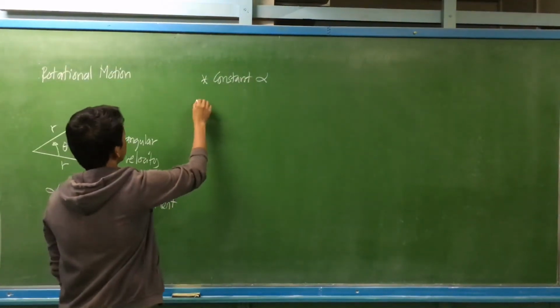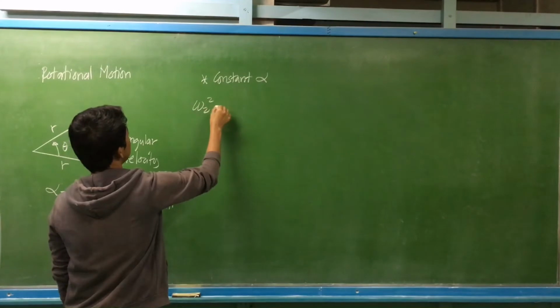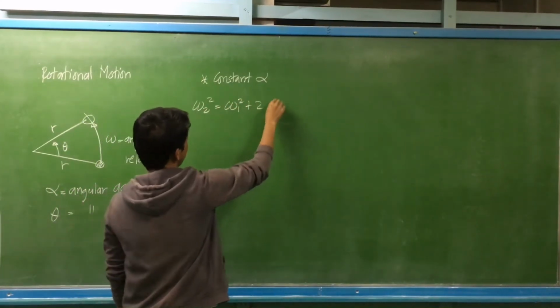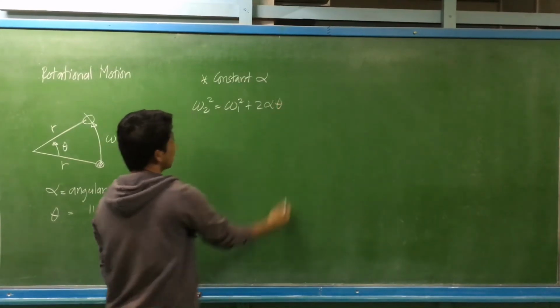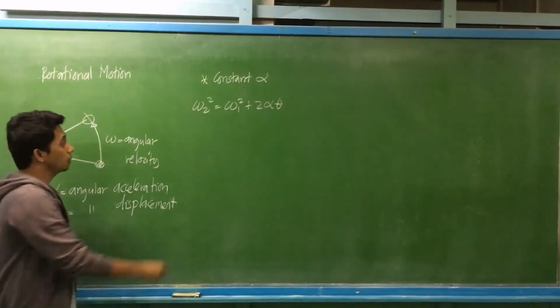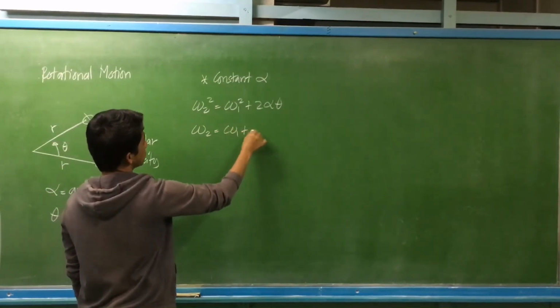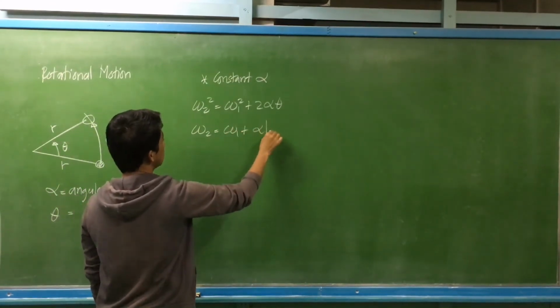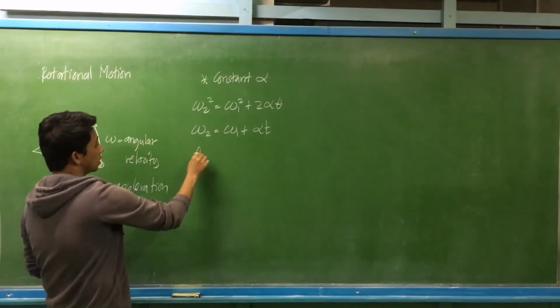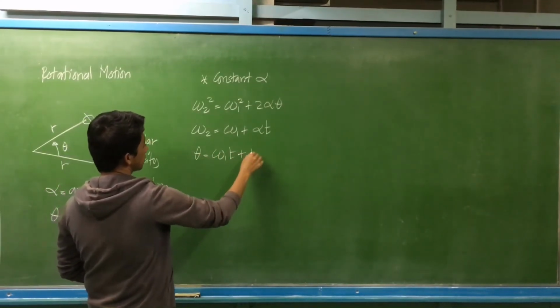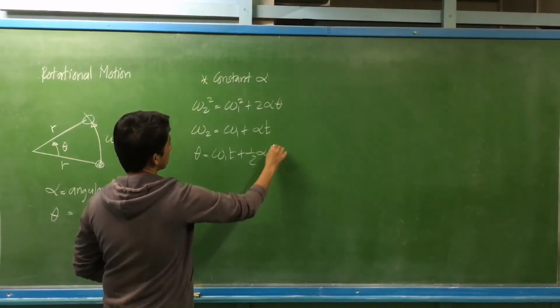For example, the final angular velocity squared is equal to the initial angular velocity squared plus twice the angular acceleration times the angular displacement. The final angular velocity is equal to the initial angular velocity plus alpha times the time. Angular displacement is equal to the initial angular velocity times time plus 1/2 alpha times time squared.